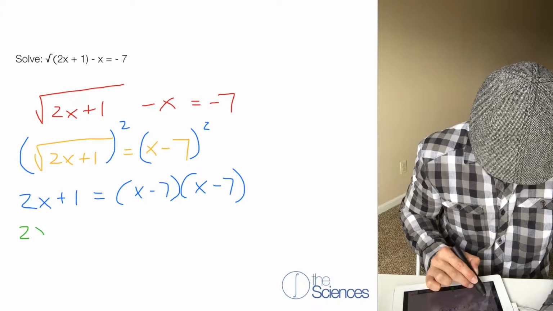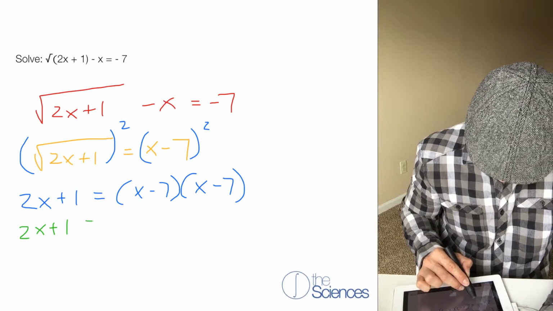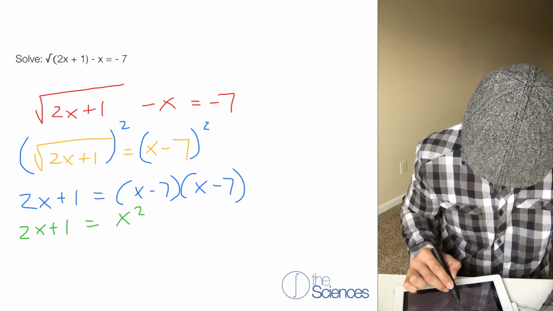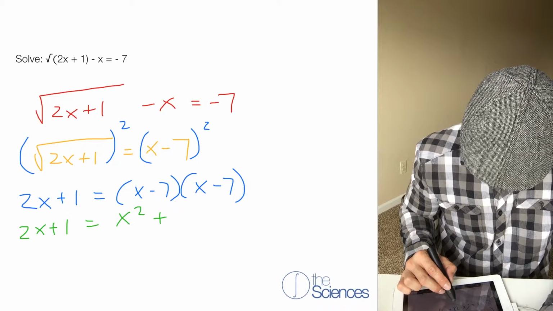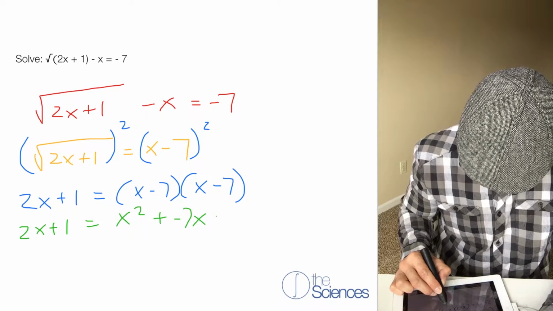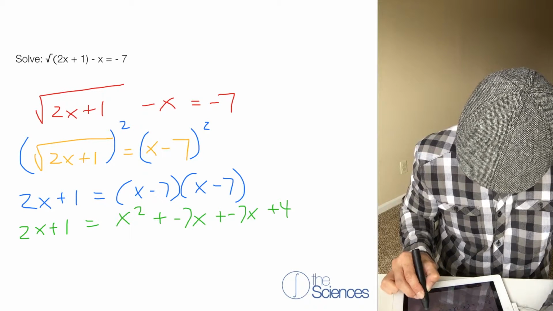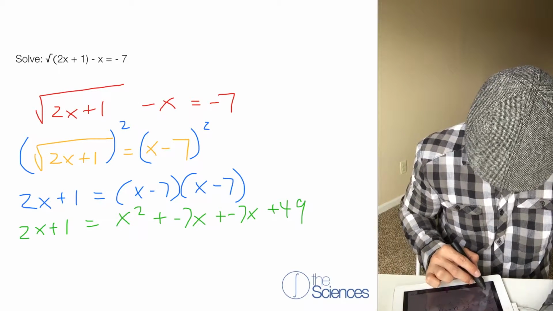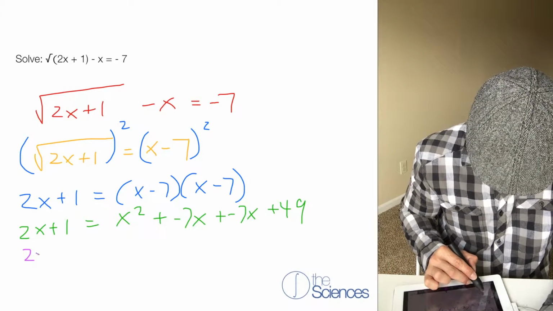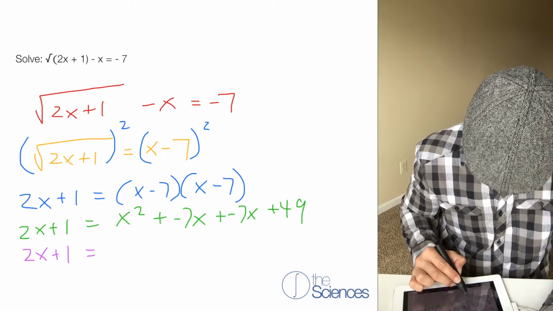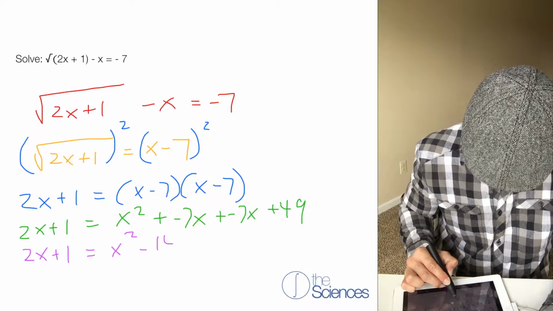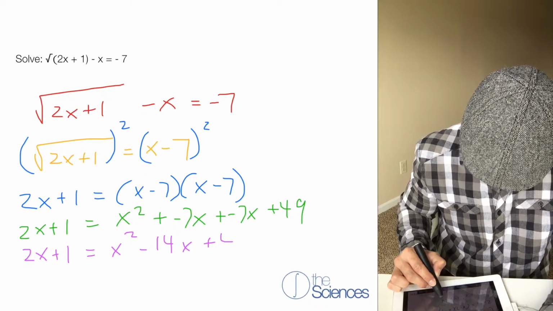So now we have 2x plus 1 equals x squared minus 7x minus 7x plus 49. So now we have 2x plus 1 equals x squared minus 14x plus 49.